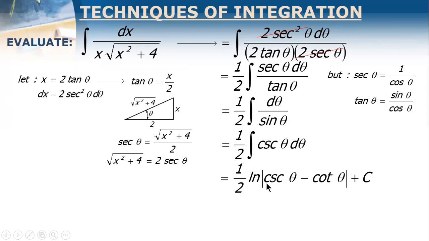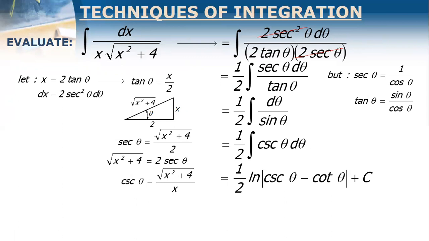So first, we'll get the expression of cosecant theta. Cosecant is the reciprocal of sine, and sine is opposite over hypotenuse. Therefore, cosecant is hypotenuse over opposite, so square root of x squared plus 4 over x. While cotangent is the reciprocal of tangent.